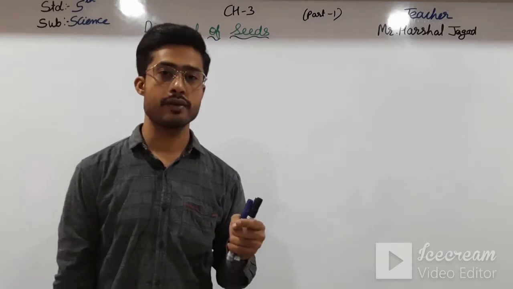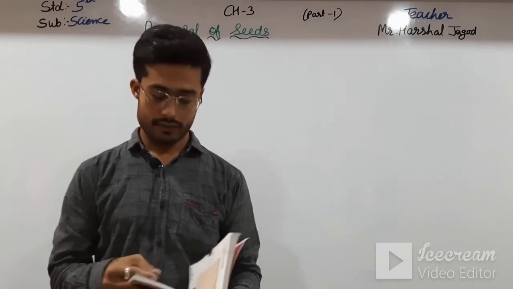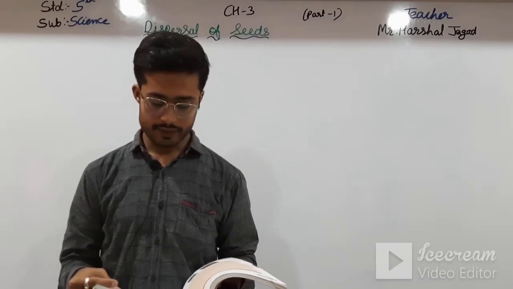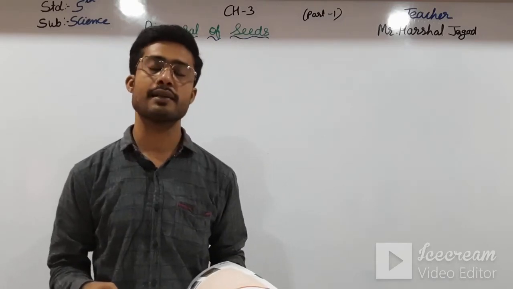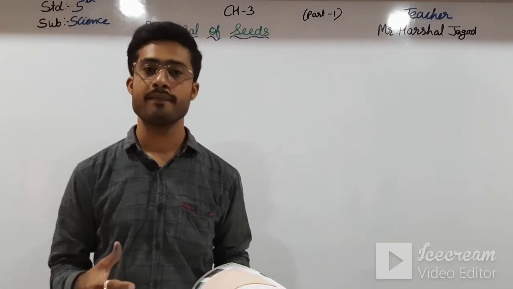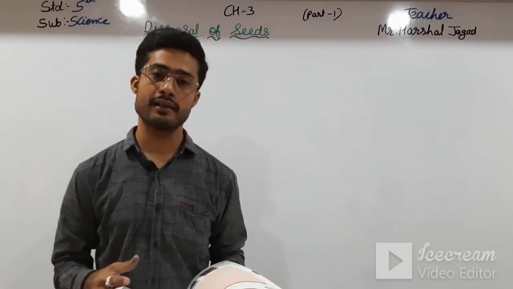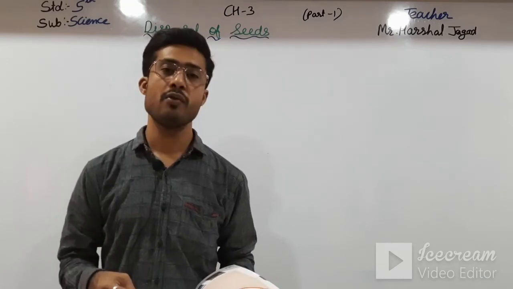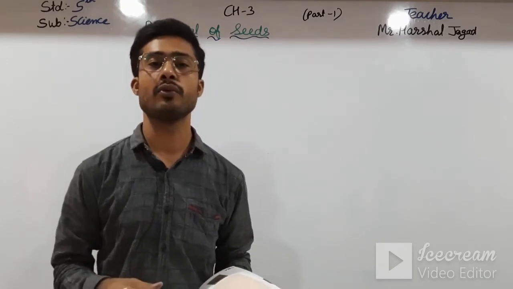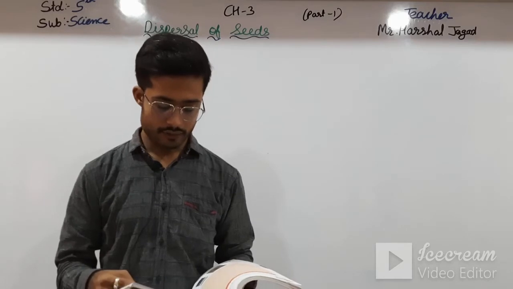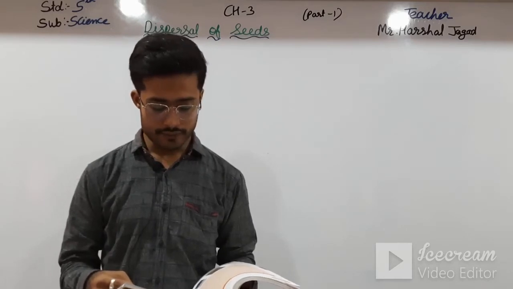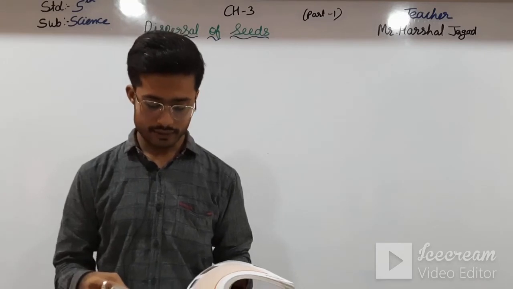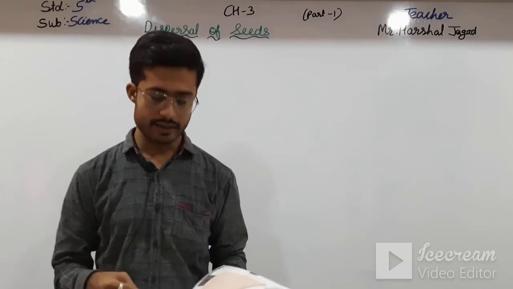Okay students, I am reading that so you can understand. The plant first bears flowers, means the plant which is cultivated gives flowers, which turn into fruit, and the fruit encloses one or more seeds. These seeds grow into new plants that are similar to the parent plant.